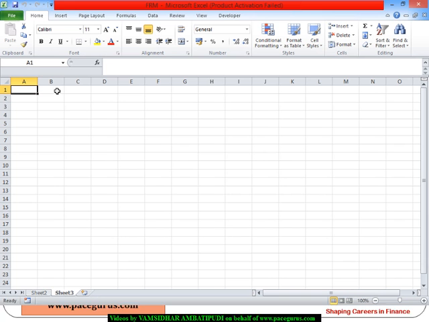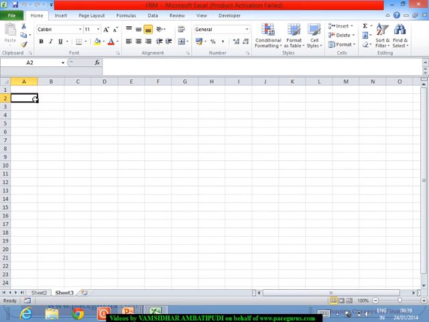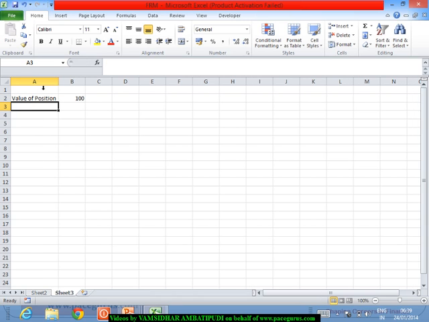Let me take a small numerical to understand that. Let's say the market value of my position is 100 million, and I am assuming that the bid ask spread is 2.5%.